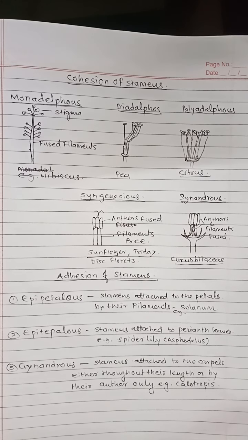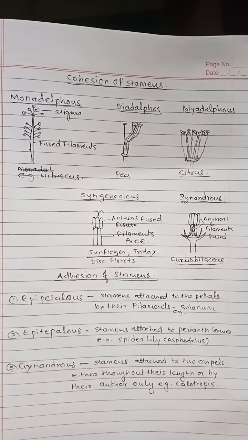When the stamens attach or adhere to the carpels either throughout their length or by their anthers only, such condition is called gynandrous condition, and it is found in Calotropis, the member of family Asclepiadaceae. रुई का फूल जो होता है, मदार जो बोलते हैं, that is the example of having gynandrous condition.